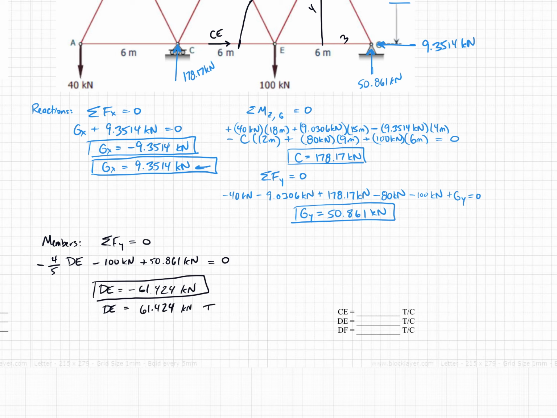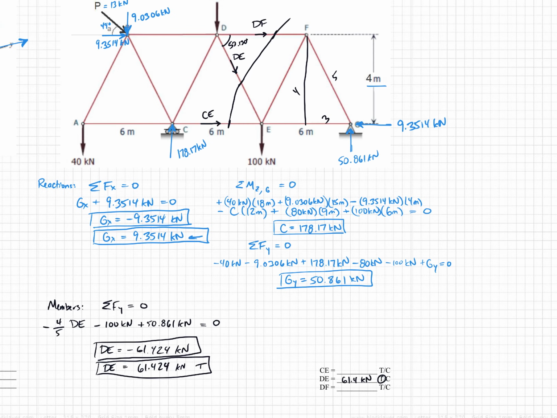And so over here for DE, I would circle tension and say 61.4 kilonewtons, because we only want 3 sig figs. All right, cool.